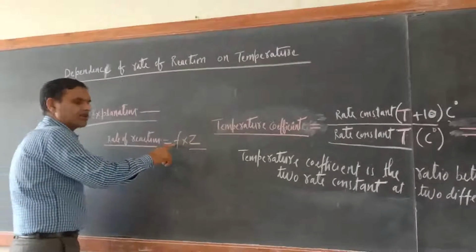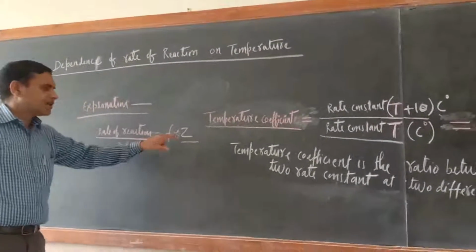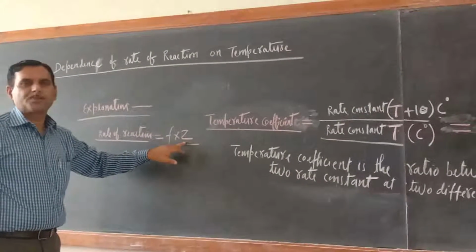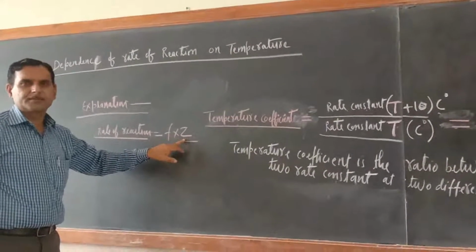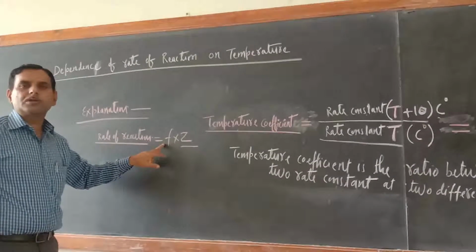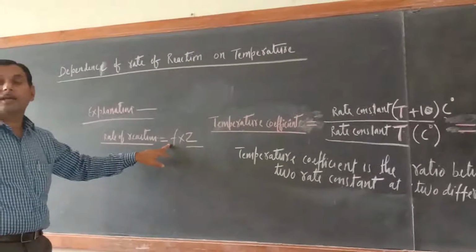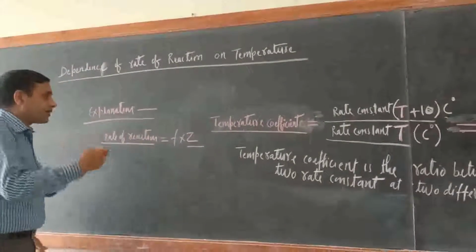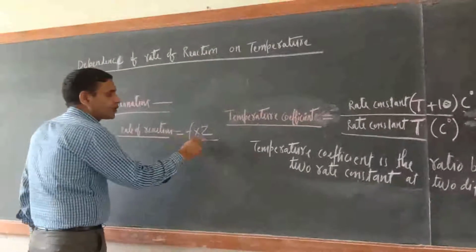In the last video I told, Z equal to frequency factor, and F equal to fraction of the molecules capable of making effective collision. With the rise of temperature, both are increasing.